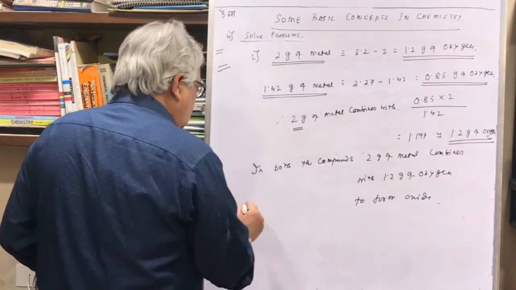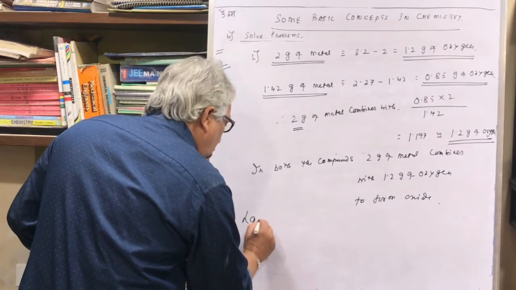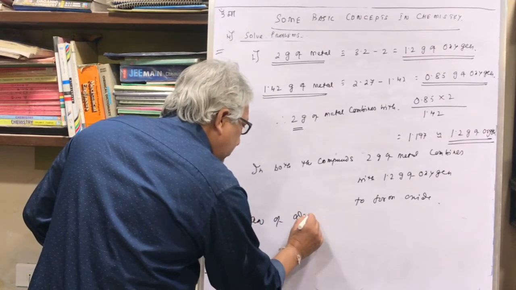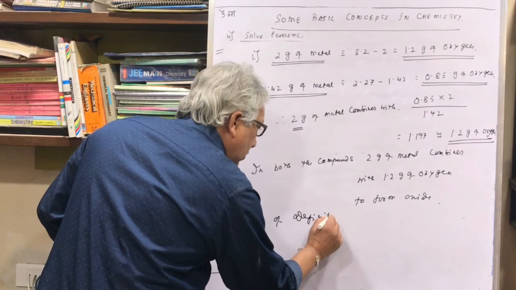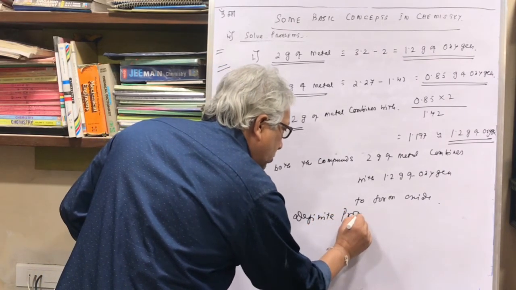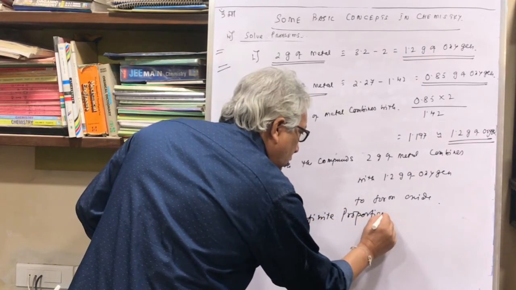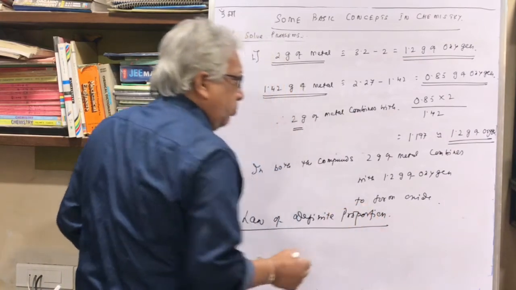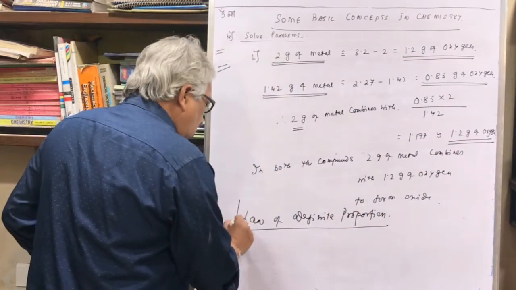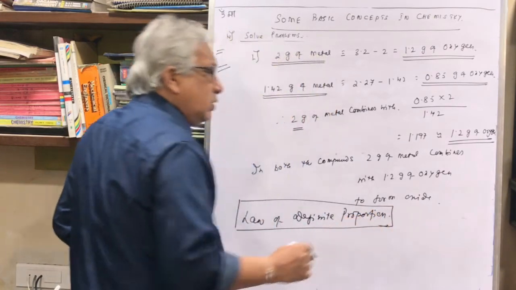So it verifies the law of definite proportion, because in both the amount of metal and amount of oxygen is the same.